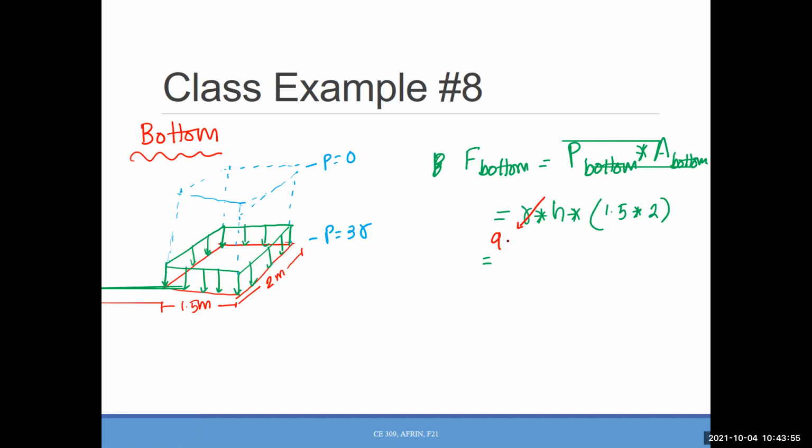Gamma is 9810 Newton over meter cube. What is H here? 3 meters, and 1.5 times 2 meters square. Finally, what is the final answer with proper unit?